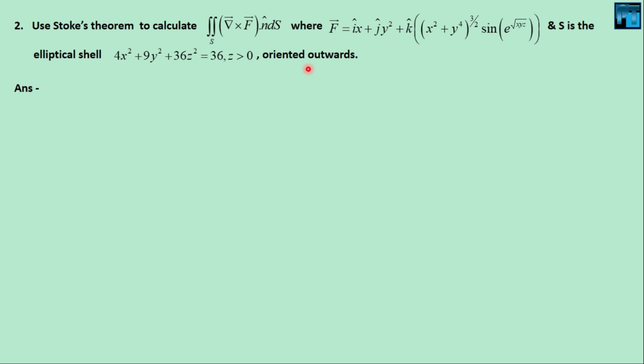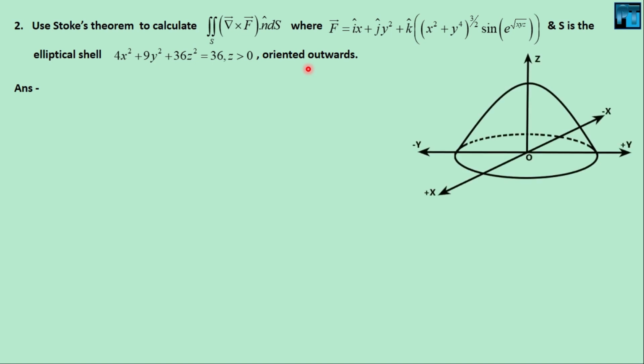Now let's do the first step, and that's the visualization. This is actually a 3-dimensional elliptical shape, because 4x square plus 9y square plus 36z square. Now imagine you are proceeding with the integral in the general way.